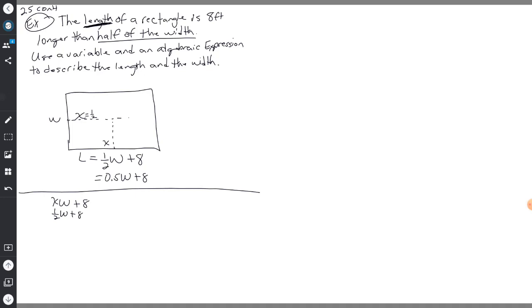Well, if it helps you visualize it that way, but in the end, you're going to have to use the variables that are representing it. In general, the length is represented by L, and the width is represented by W. But I get the way that you're visualizing it.